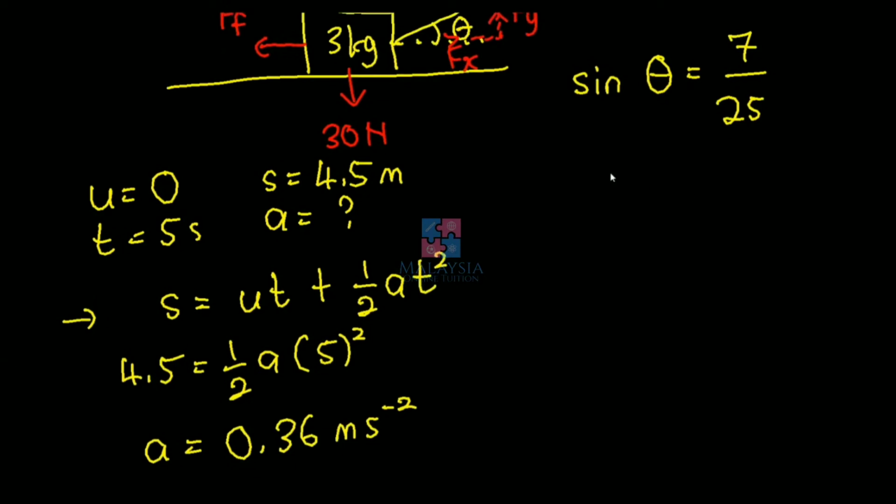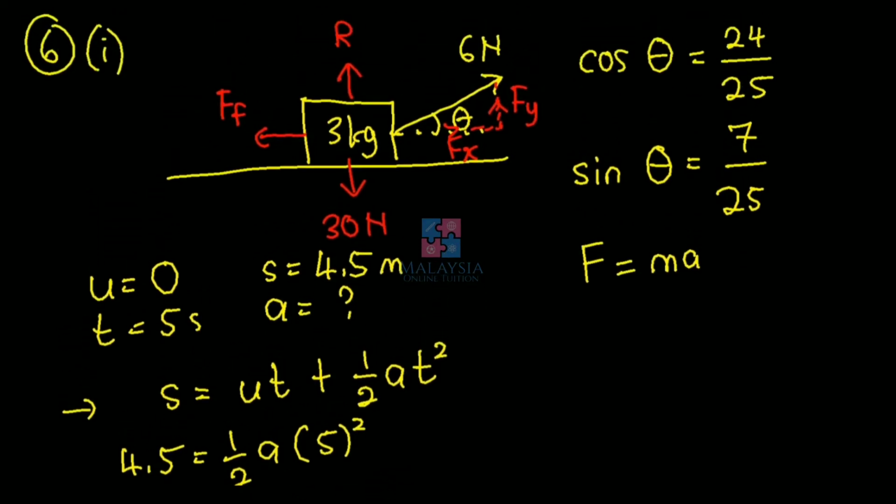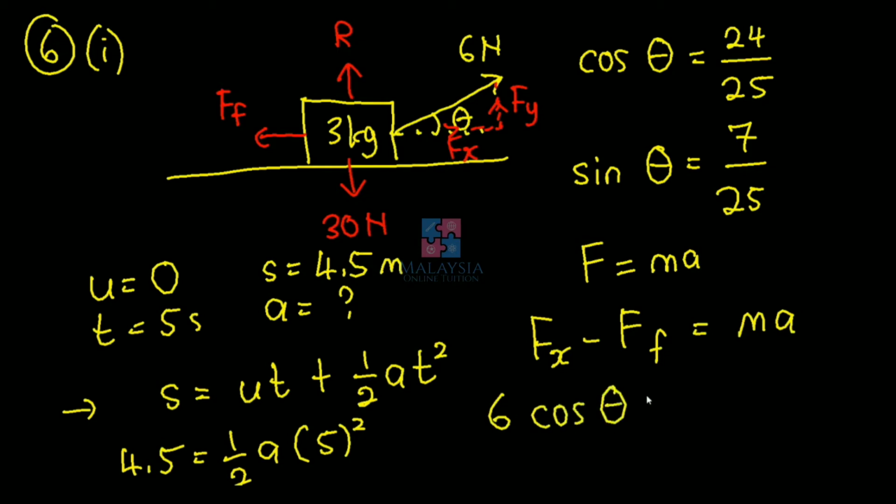Since we have the acceleration already, we can use F equals ma to get the frictional force. Based on the diagram, Fx is pulling the block to the right, and the frictional force will be opposing it. So Fx minus frictional force equals ma. To get the horizontal component, you have to use cos, since adjacent over hypotenuse. So 6 cos theta minus our frictional force equals 3 times 0.36, since our acceleration was found to be 0.36 just now.